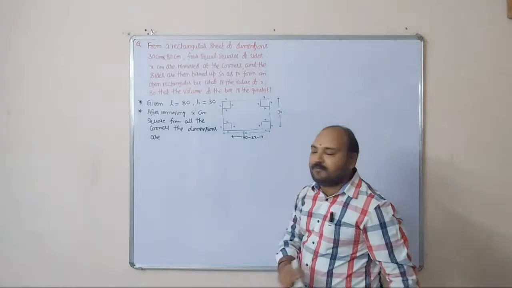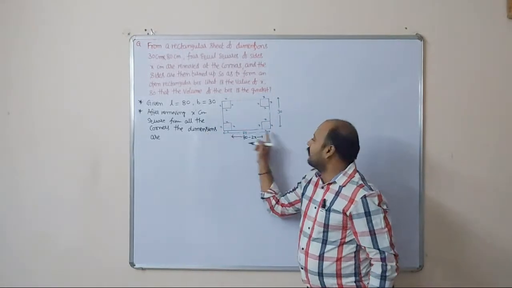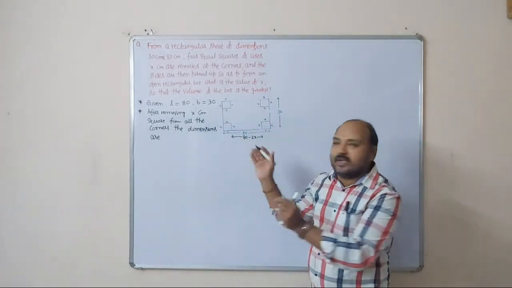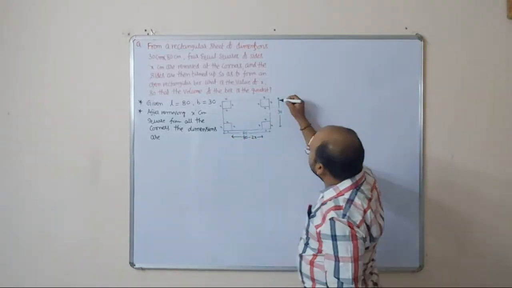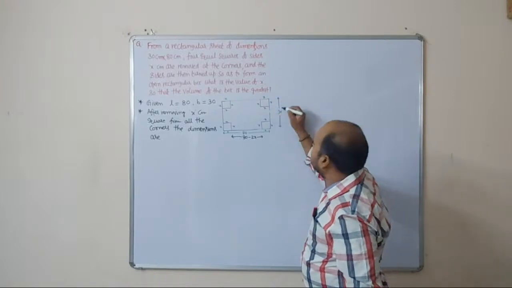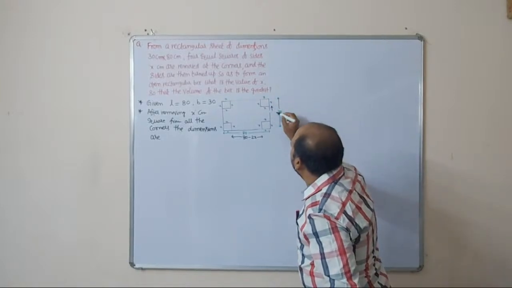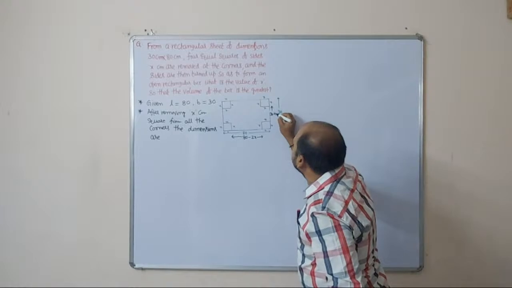Did you understand that, all of you? From here to here x, from here to here x. In total x plus x, 2x, we are subtracting from the 80 centimeters of length. Next, from here to here x, from here to here x. So from here to here it is 30 minus 2x.